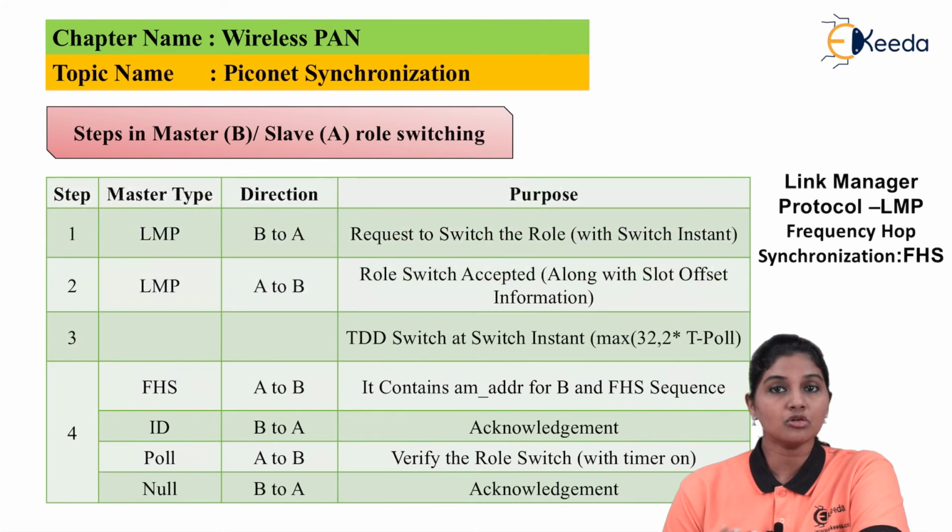After that, to verify the role switching, the POLL is sent from A to B, which is used for verifying the role switch, and here the timer is kept on. Next is the NULL, which acts as an acknowledgement from B to A, in response to the POLL signal.